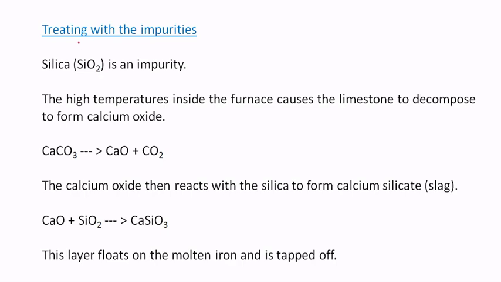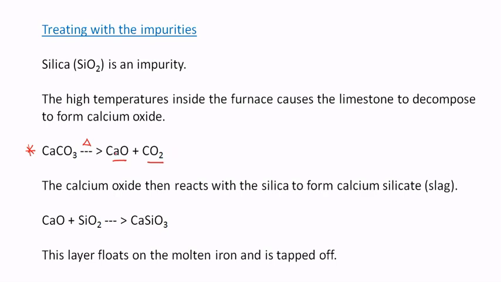Now, how do we treat with the impurities? A major impurity in the ore is silica, or SiO2. And the high temperatures inside the furnace cause the limestone to decompose to form calcium oxide. Remember we added calcium carbonate at the top, which is limestone. So when we heat calcium carbonate, we produce calcium oxide and carbon dioxide.